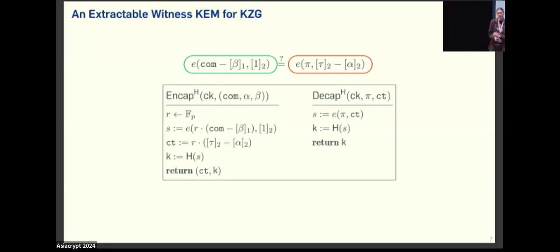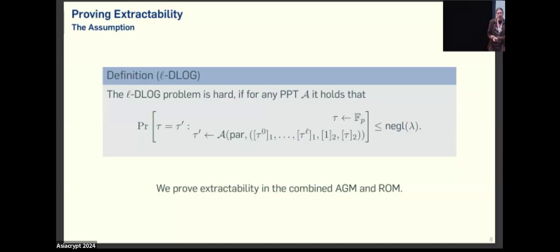So that means we now have basically our KEM. Now, proving extractability for this is not that straightforward. Basically, we need to assume the L-DLog assumption, which is basically a variant of the DLog assumption, where you're not only getting tau in the exponent, but you're getting all these powers of tau.